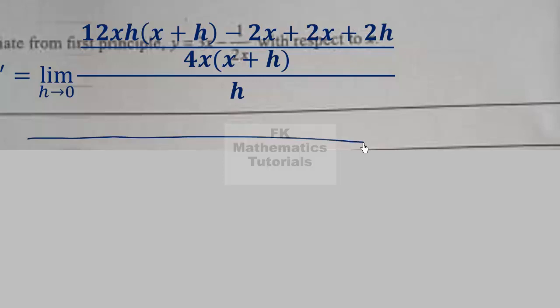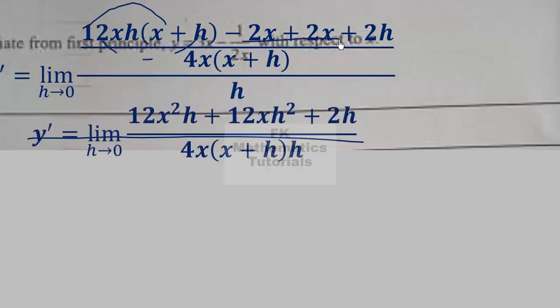Now we need to expand. So this will multiply this, and at the same time multiply this. And that will give us this, and this will cancel out. And that will give us this expression, 12x squared h plus 12x h squared plus 2h. Then we also simplify the numerator here to obtain this.